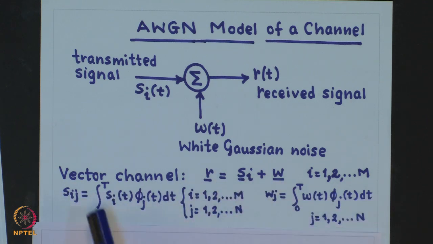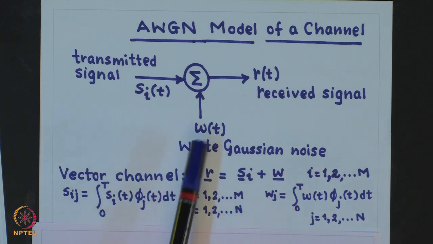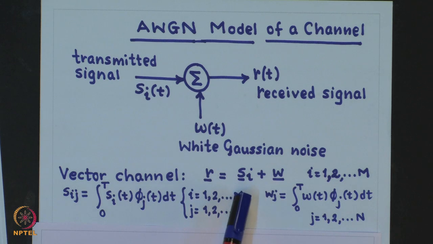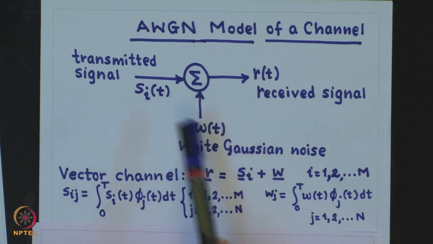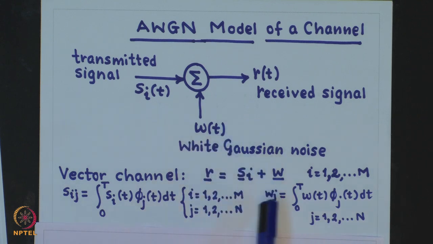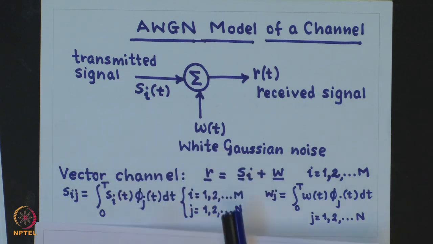These vectors are obtained by taking the projection of the signal onto the basis signals used to represent the message signal set. We are assuming here that we have M message signals and the maximum number of basis signals you could have would be equal to N, where N is less than or equal to M.